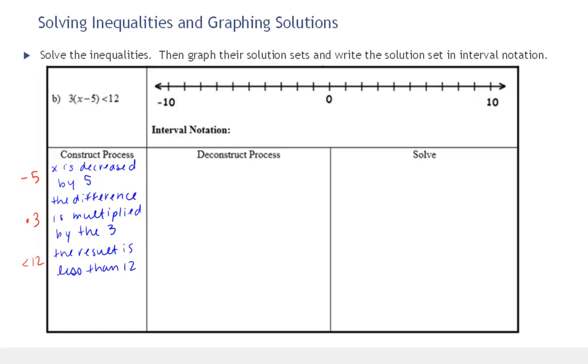We're going to start with 12. 12, instead of multiplied by 3, is divided by 3. 12 is divided by 3. Then that's a quotient. So the quotient is now increased by 5.